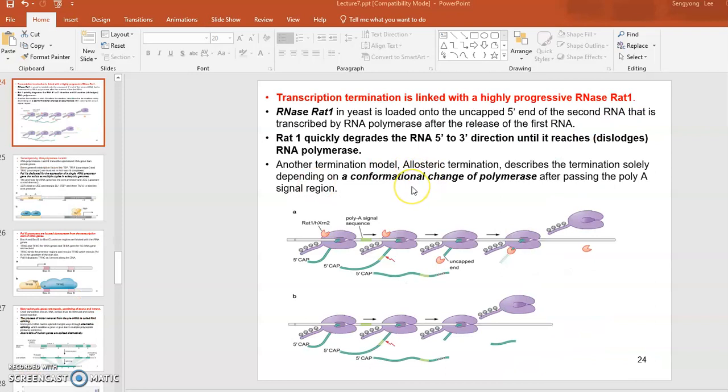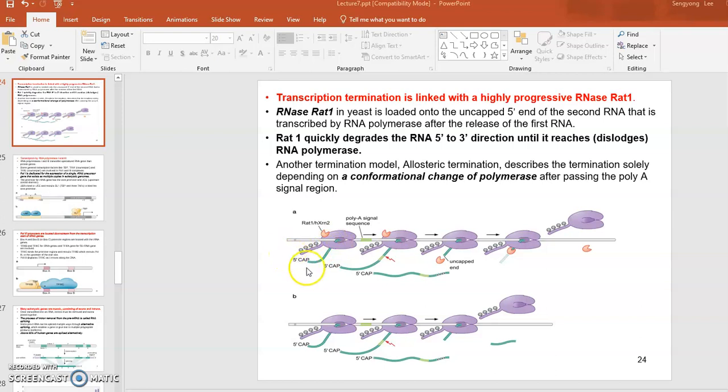So your textbook talks about two different transcriptional termination mechanisms in eukaryotic cells. One is dependent on the RNA's Rat1 enzyme. What it shows is that the enzyme can chew up the RNA that's transcribed after the completion of successful transcription. If you look at this diagram, that Rat1 and Rai1 complex is part of that RNA polymerase complex.